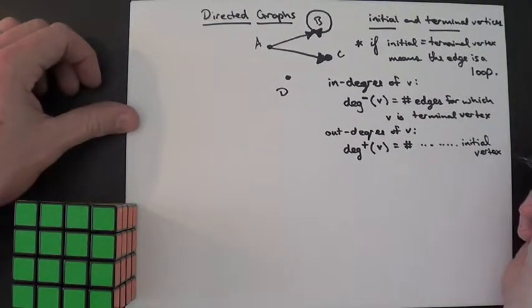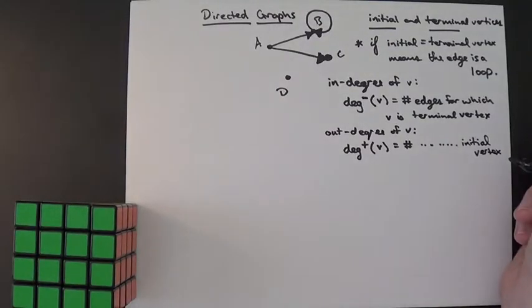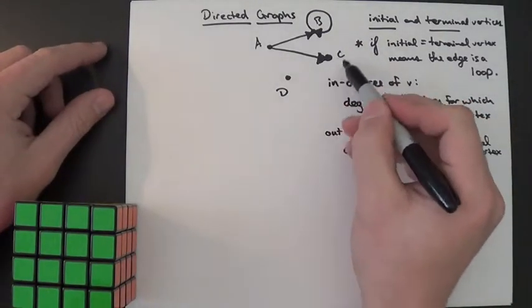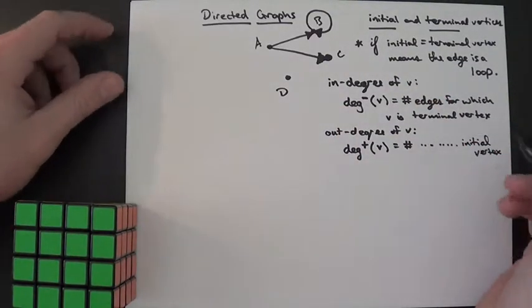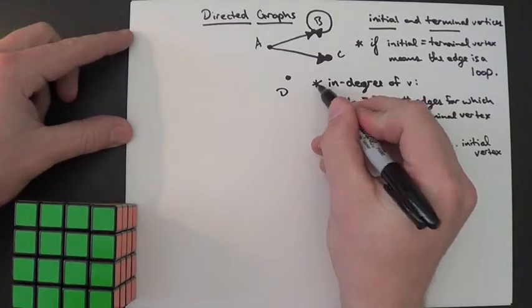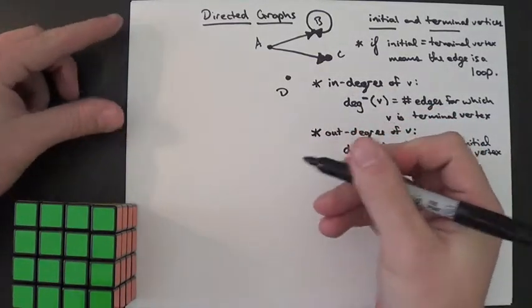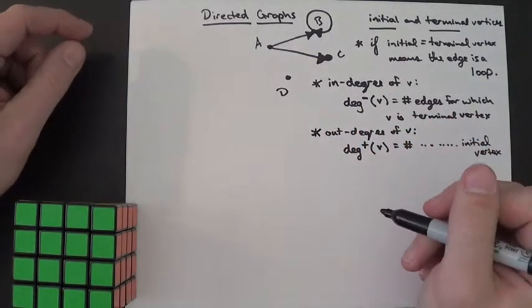Number of edges for which V is an initial vertex. Now it's not as easy as simply adding up or zooming in on some vertex. You can still think of it that way, but we've got two additional types of degrees to discuss.